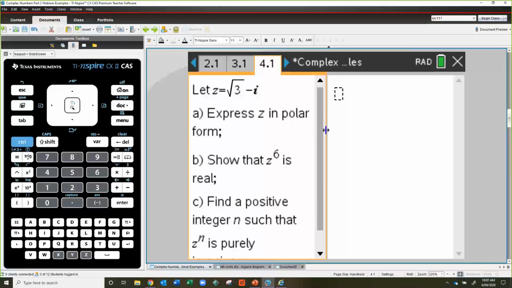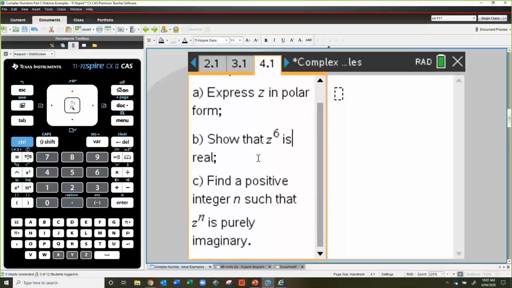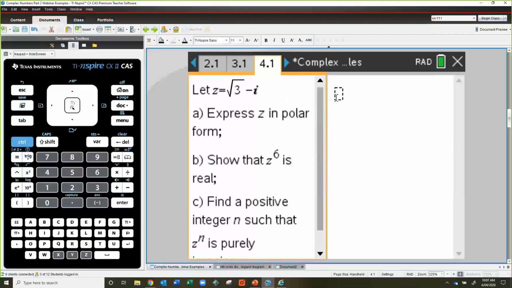This is more like an extended answer question. z is root 3 minus i. So we wish to express that in polar form, show that z to the power 6 is real, and then find a positive integer n such that z to the n is purely imaginary.